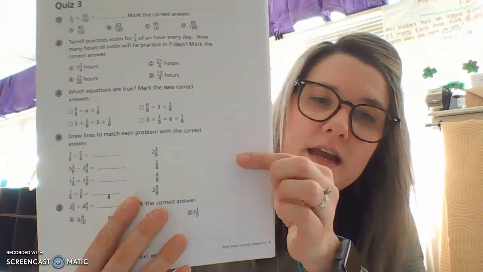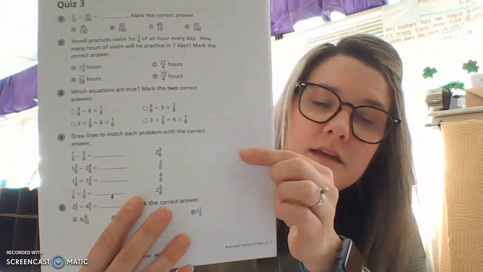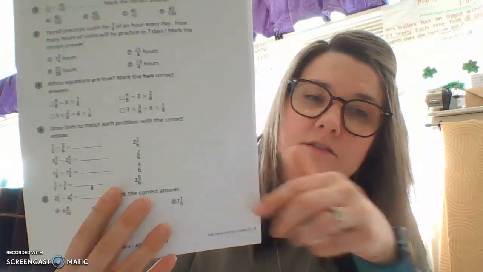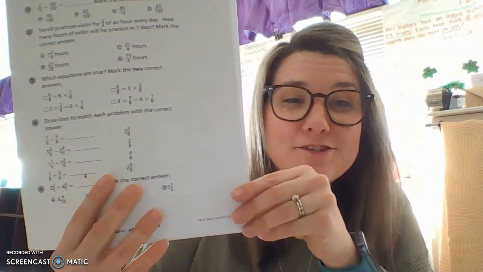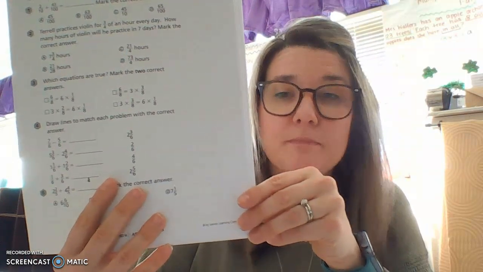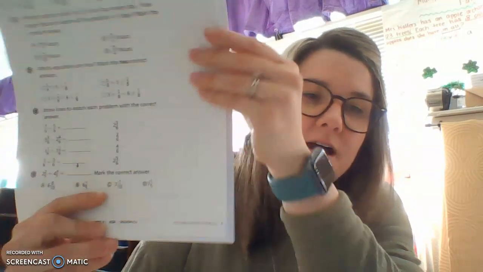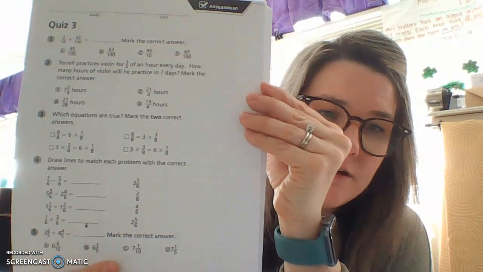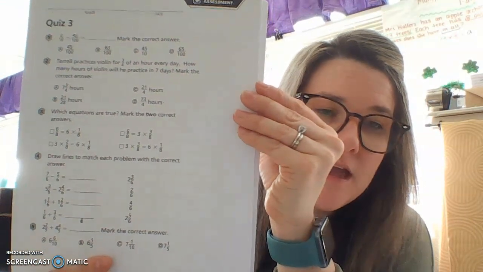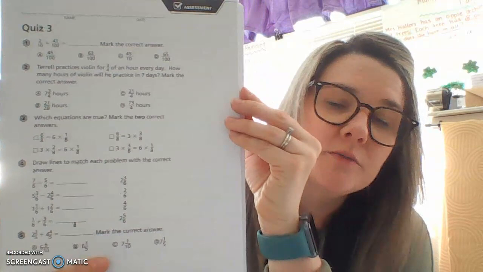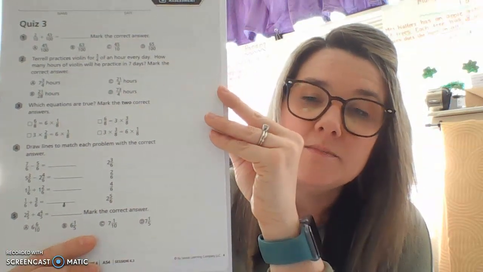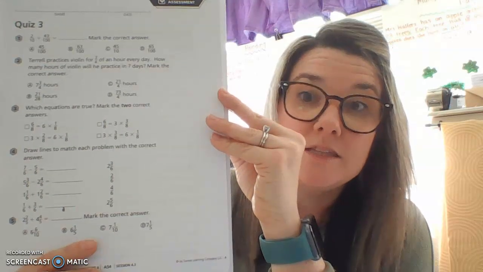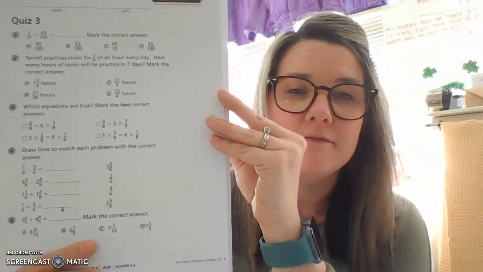But what are you going to have to do in order to figure out the answer to each of those equations? You're going to have to show your work, so please do so. You might need a piece of notebook paper to do that. Then number 5, you are solving that equation. A picture model will help because when we're adding fractions, sometimes a new whole could be made. So there's your hint for number 5.